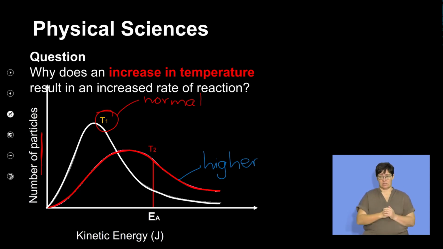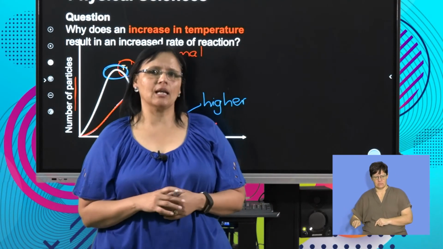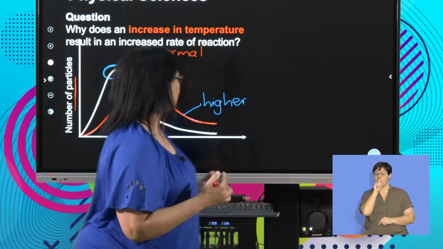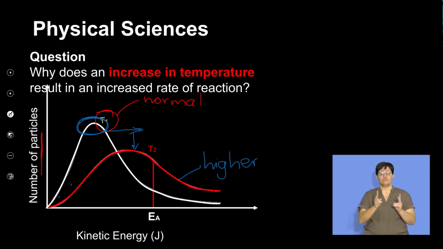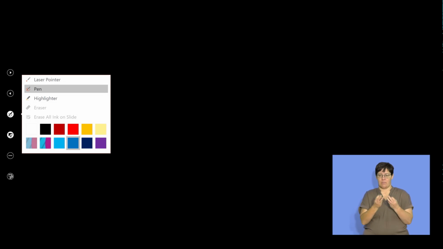What I want you to see here is that the peak of my normal curve actually moved to the right and it moved lower down. Why is the peak now a bit lower? You should remember that in this normal distribution there is a number of particles, and in this distribution at a higher temperature, we still have the same number of particles.